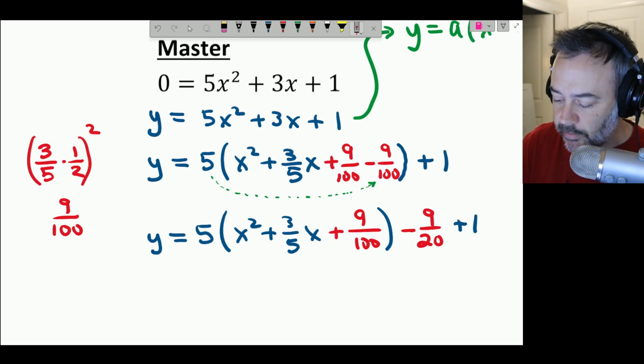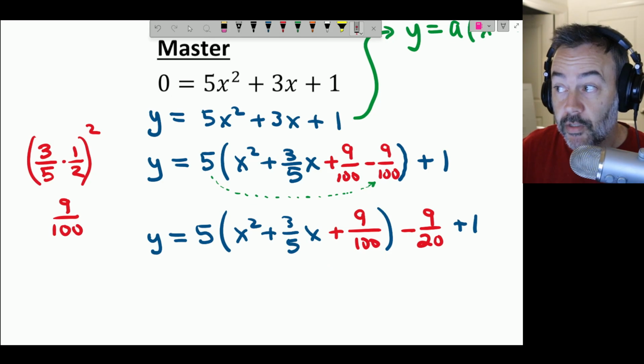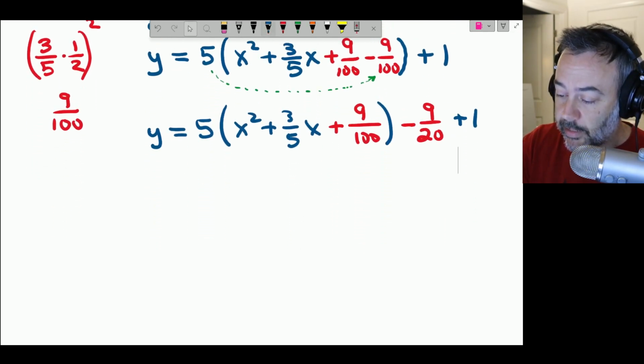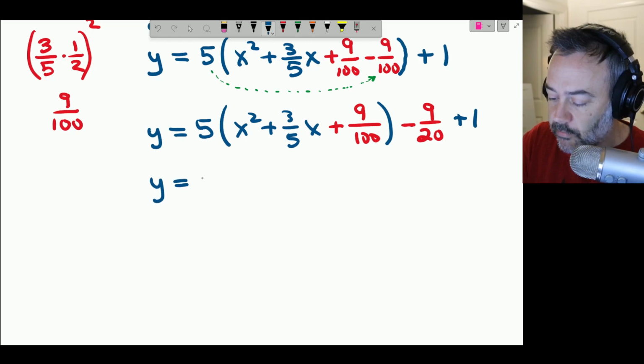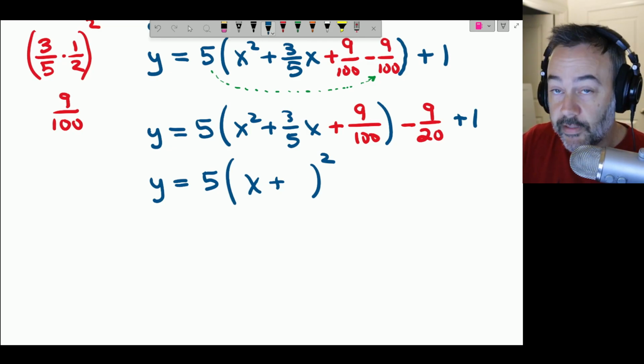And the reason for doing that is because this is a perfect square trinomial. So we can factor that with our square factoring pattern. Let's clean that up. y equals 5 times x plus something, squared. Now what goes here? It's the square root of this thing.